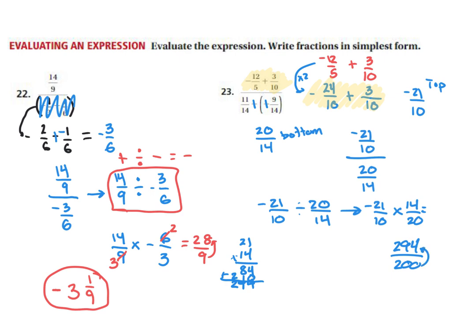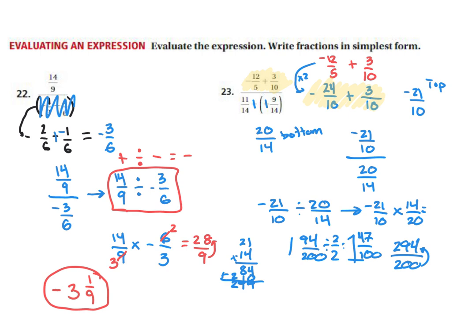200 goes into 294 once, with 94 left over. So 1 and 94/200ths. And now we can simplify, divide by 2 over 2, and we get 1 and 47/100ths.